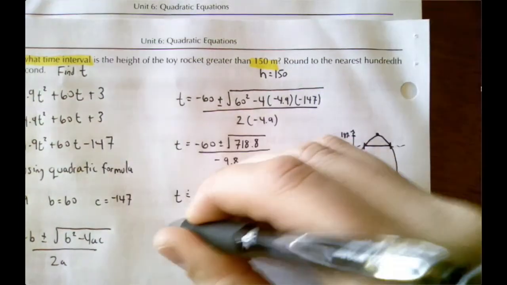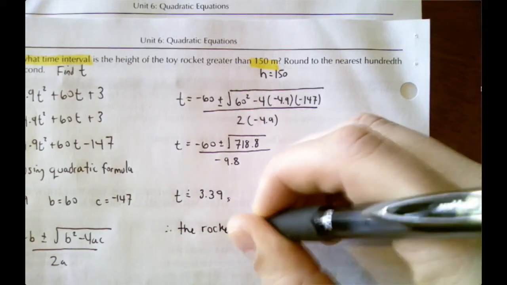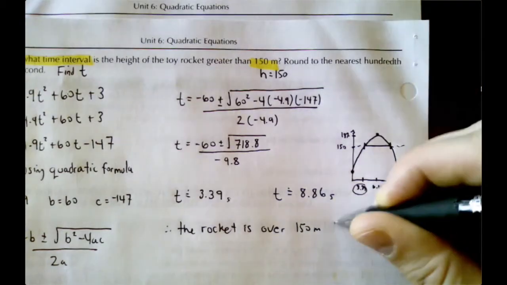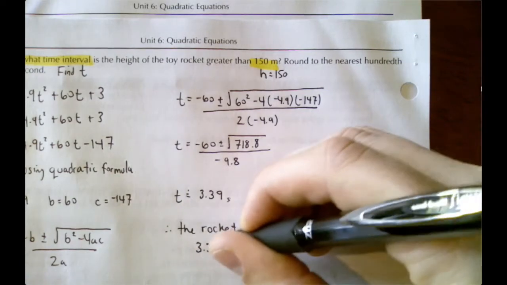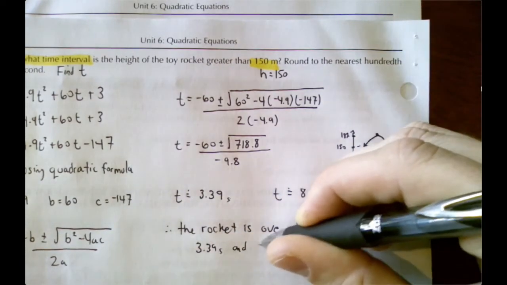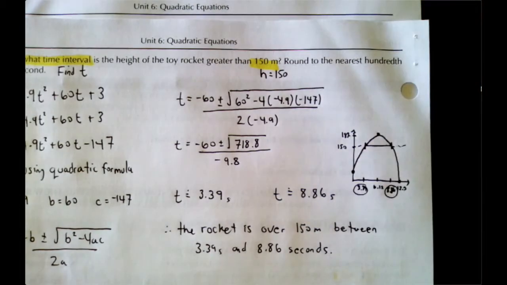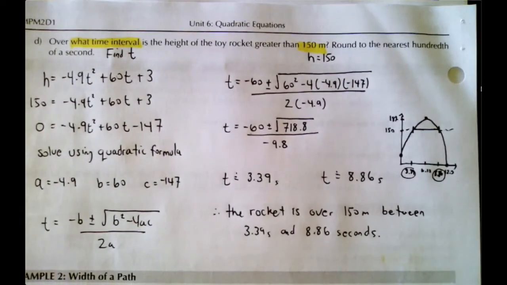So we can conclude, therefore, the rocket is over 150 meters between 3.39 seconds and 8.86 seconds. If it said how long, we just subtract and we get an answer like 5.5. All right, that's it for part D. We're going to do one more example about the width of a path, and then we're going to wrap up part 1.